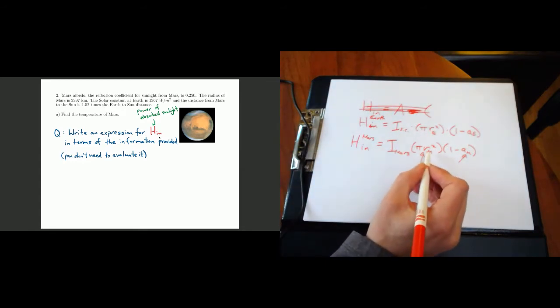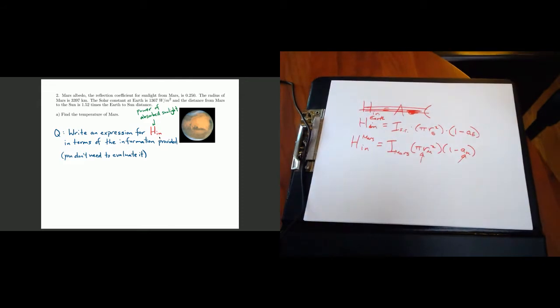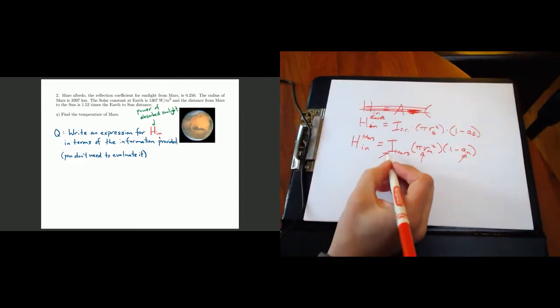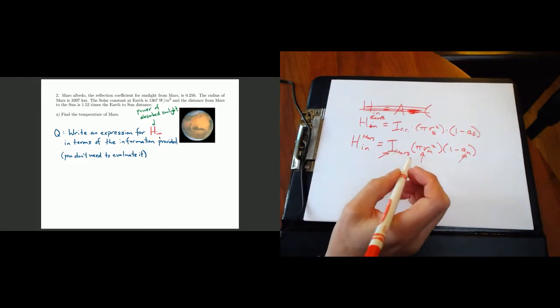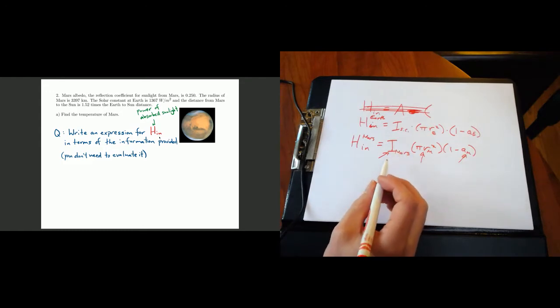Okay, so it's important that this is not the distance of Mars to the sun. This is just the radius of the planet itself. That's what's important for figuring out how much of that solar radiation is going to be absorbed. And then finally, the question does not give us the intensity of sunlight at Mars. Okay, so this is the interesting part of the question.